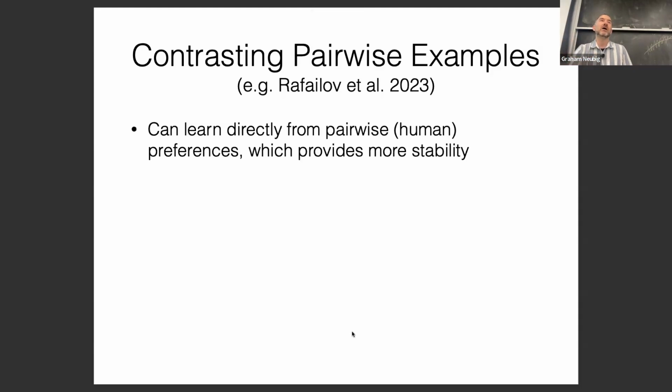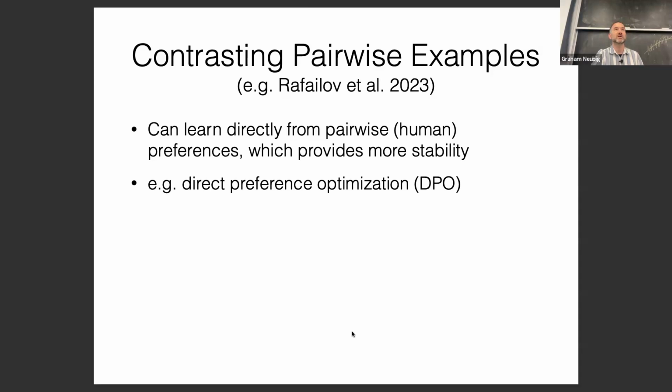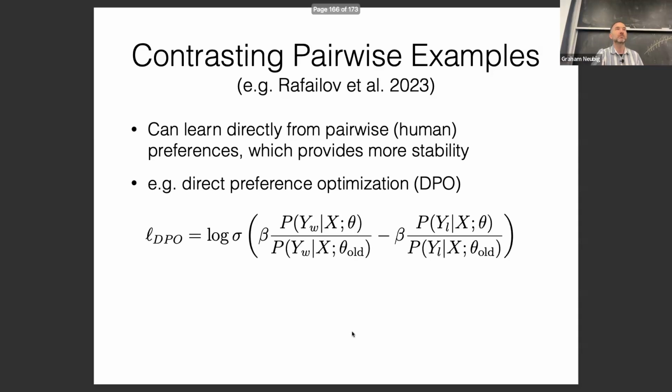The reason for this is you can learn directly from pairwise preferences, either human preferences or a model that was trained to mimic human preferences. And this can provide more stability, even if it is a little bit more computationally expensive because you need to process two outputs at once. And the most popular method for this is DPO.